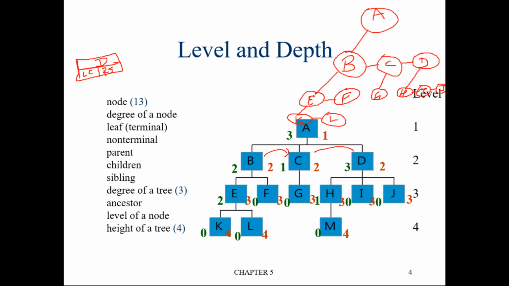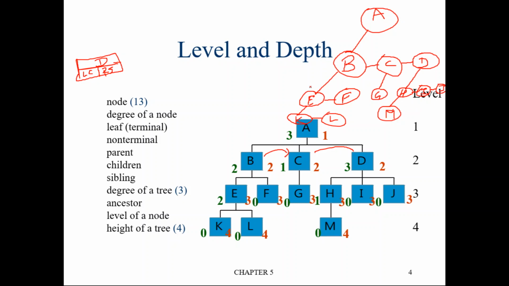G does not have any child, so its left child and right sibling will be null. H has one child, M, so M will become H's left child. There is already a right sibling for H, that is I. There is no child for I and J.